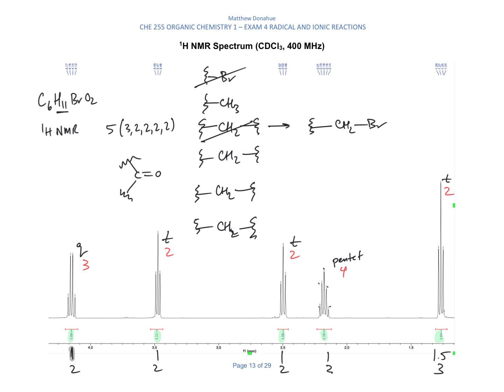So if you have your methyl group that integrates to 3, so that's this signal right here. So integrates to 3. It has 2 neighbors. So you can use one of these CH2 groups and bond it to that methyl group. So we'll take care of these.